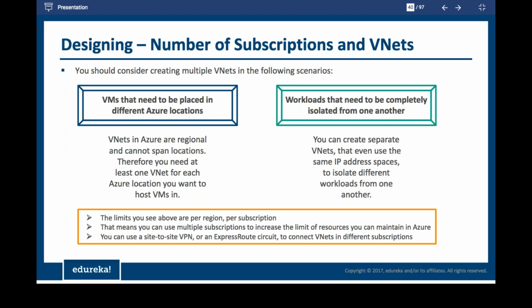You can also create separate VNets and use them as we did right now. Okay, the limitation that you have is that you can use one data center region for one subscription for one virtual machine. You cannot have two VNets for one VM. So that's one thing. And you can also have multiple subscriptions to increase the resource limit.